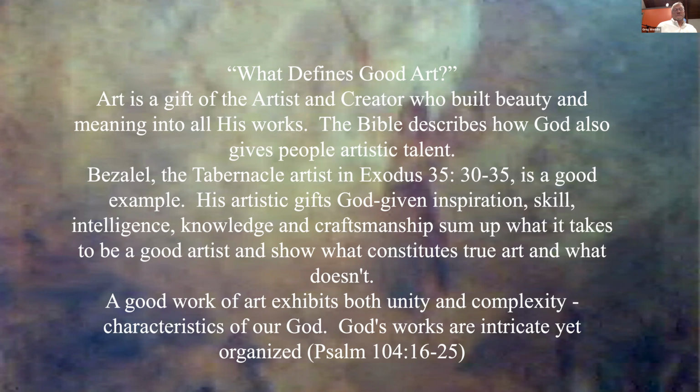The lions roar for their prey and seek their food from God. The sun rises, and they steal away. They return and lie down in their dens. Then people go out to their work, their labor until evening. How many are your works, Lord? In wisdom you made them all. The earth is full of your creatures. There is a sea vast and spacious, teeming with creatures beyond number, living things both large and small.